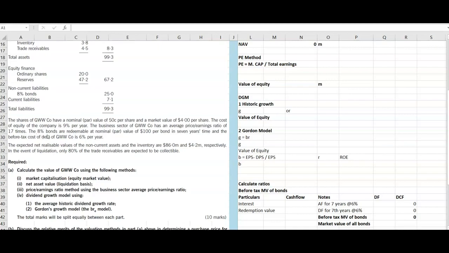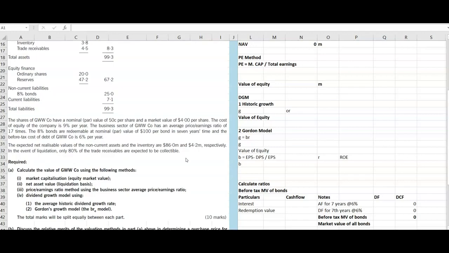The 8% bonds are redeemable at a nominal par value of 100 in 7 years time, and the before tax cost of debt of GCO is 6% per year. The expected net realizable values of the non-current assets and the inventory are 86 million and 4.2 million respectively. In the event of liquidation, only 80% of the trade receivables are expected to be collectible.